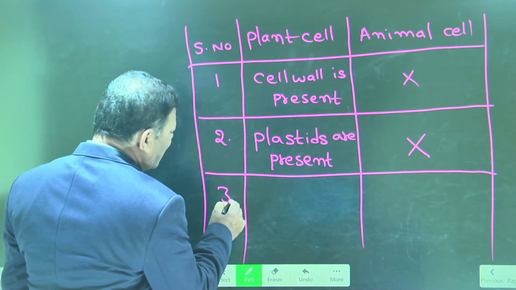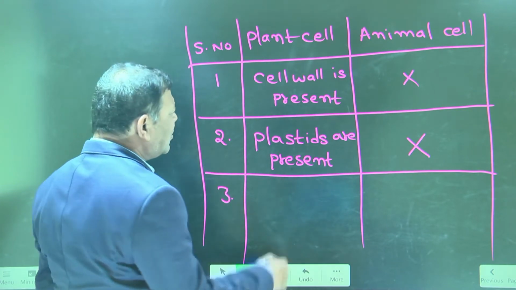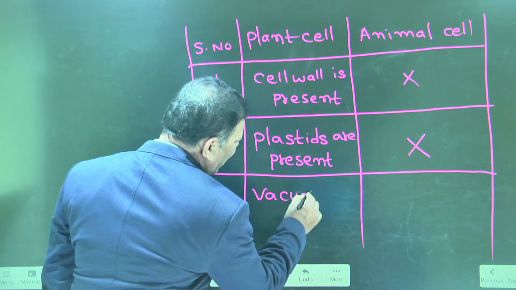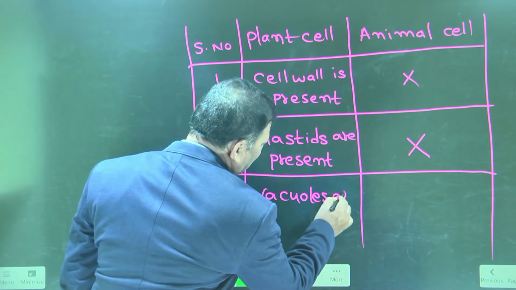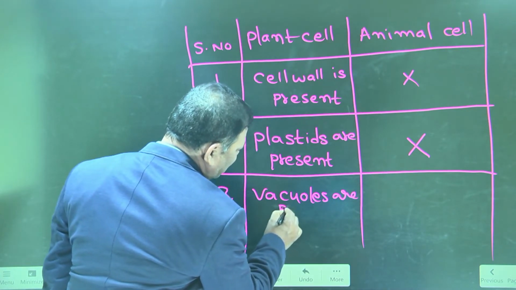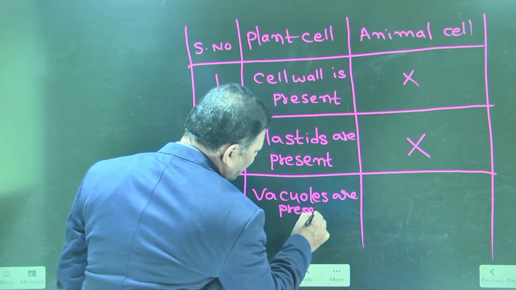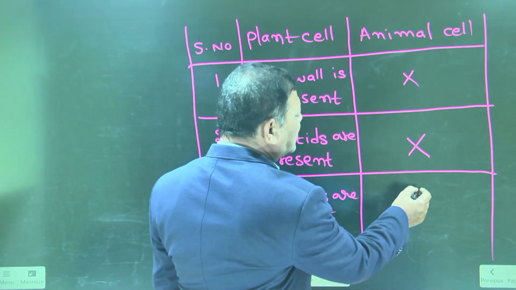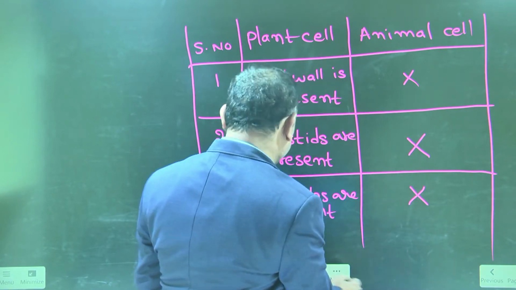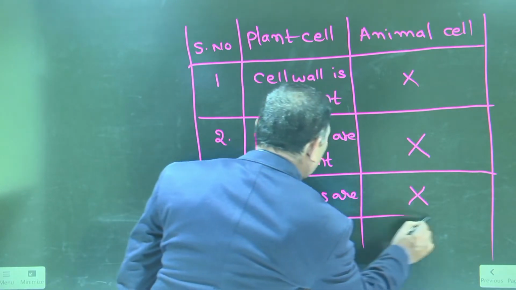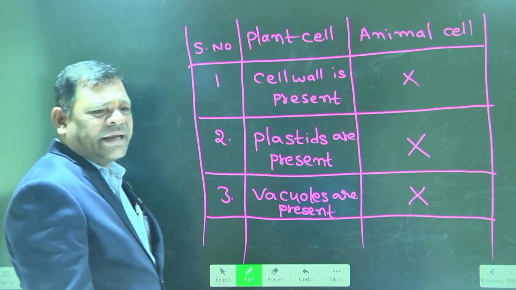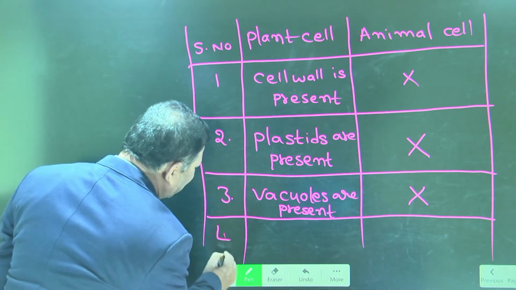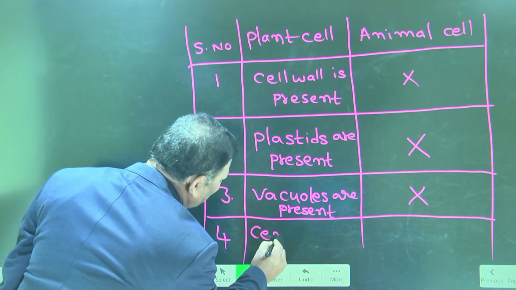Third point, what is the difference between the plant cell and animal cell? Vacuoles. In the plant cell, vacuoles are present. Most unicellular organisms have vacuoles, but multicellular organisms do not. Last but not least, the fourth point is centrioles.